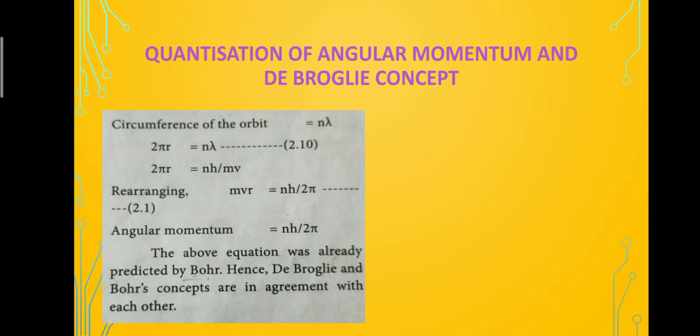Already Bohr assumed, in his third assumption, that an electron can revolve only in those orbits in which the angular momentum mvr of an electron must be equal to an integral multiple of h by 2 pi. So de Broglie proved that here.